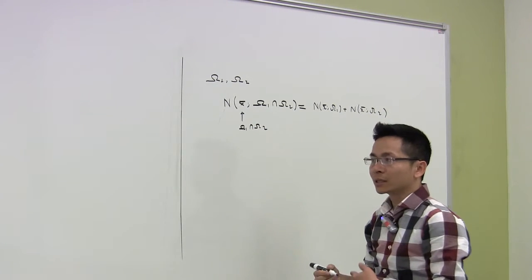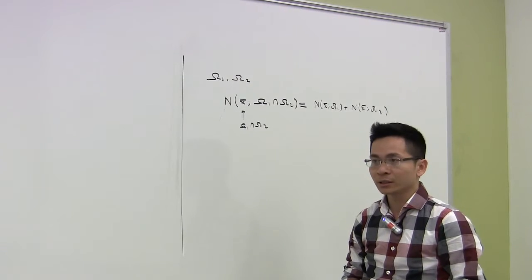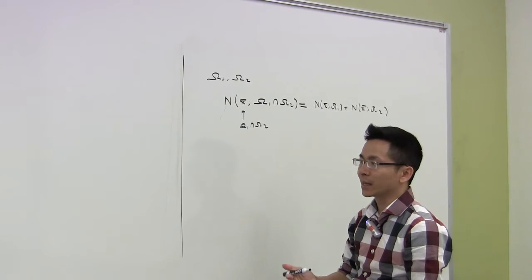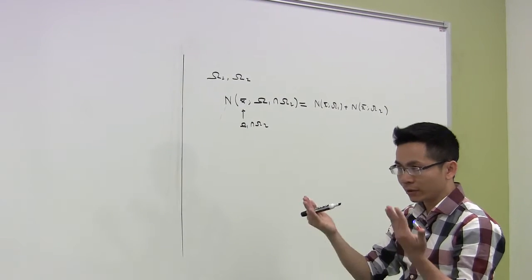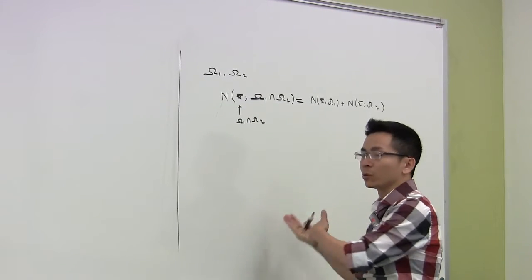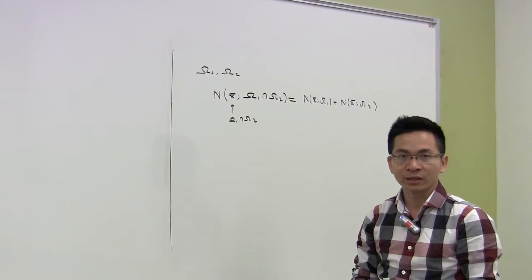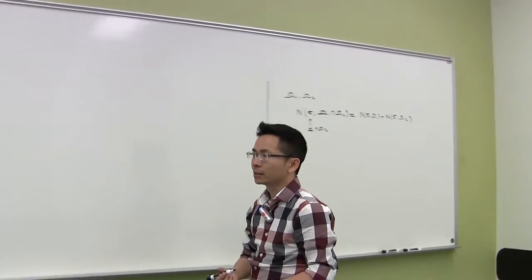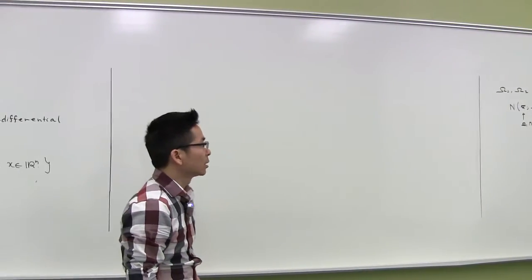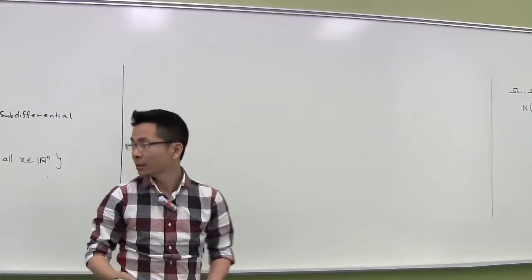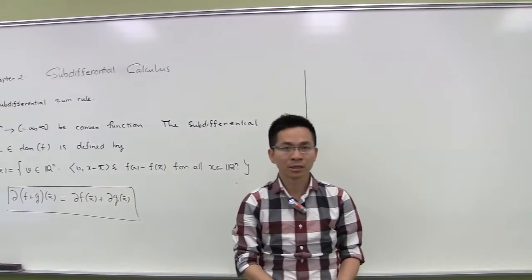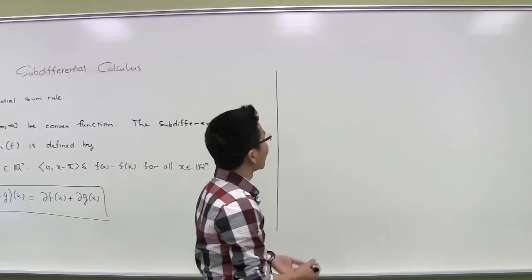Okay, so now I'm going to introduce a proposition that connects the subdifferential of a convex function to normal cones to the epigraph of the function. And this proposition will be very important in proving the subdifferential sum rule that follows afterwards.